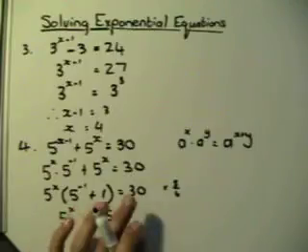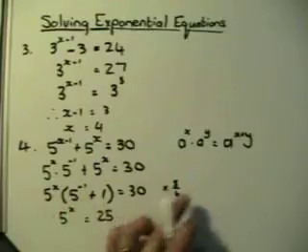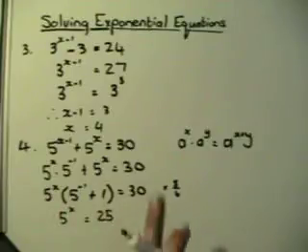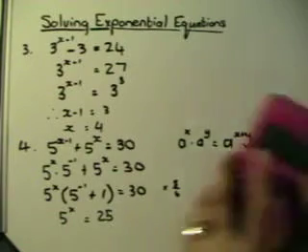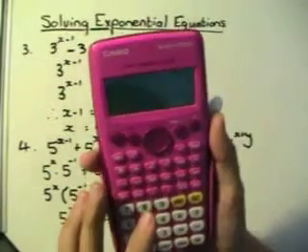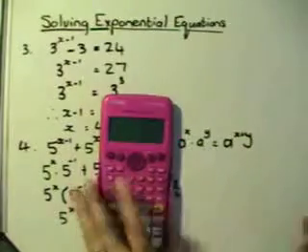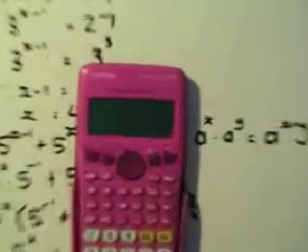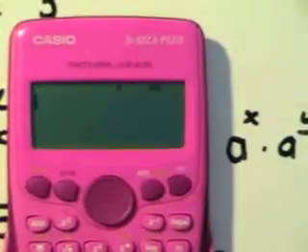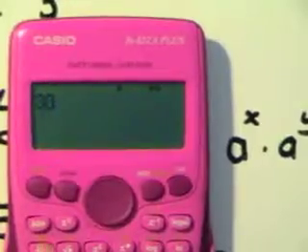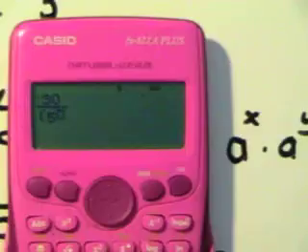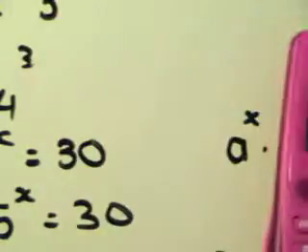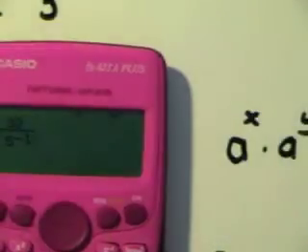But if you don't follow my train of thought on how I got from 30 to 25, really don't panic about that. All you can do is take 30 over, and you put in this bracket 5 to the power of minus 1 plus 1.